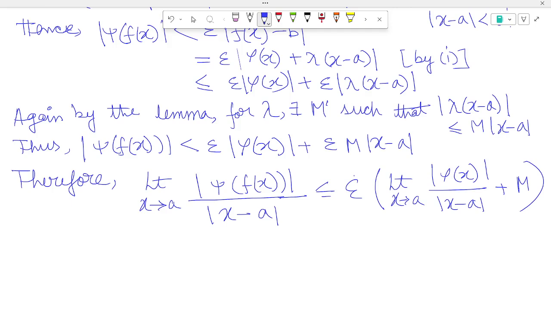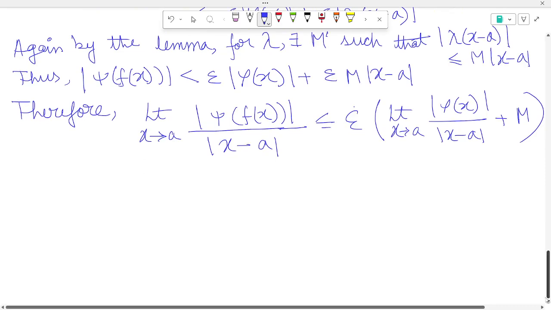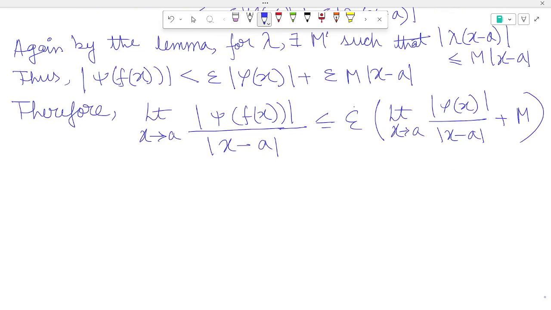But does this go to 0? So that is 0. So that is epsilon m.